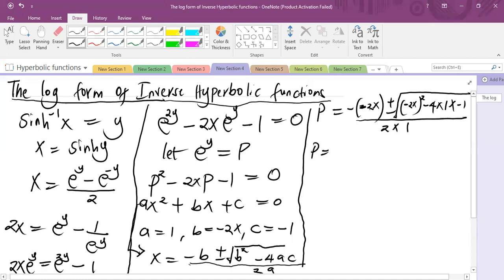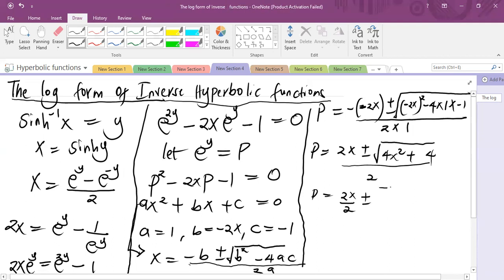So what's the value of our p? Our p is equal to 2x plus or minus the square root of 4x squared plus 4, all divided by 2. Now we can factor out the 4 inside the square root sign, and also distribute this 2 on both sides, so that we have p equal to 2x over 2 plus or minus the square root of 4 into x squared plus 1, all divided by 2.